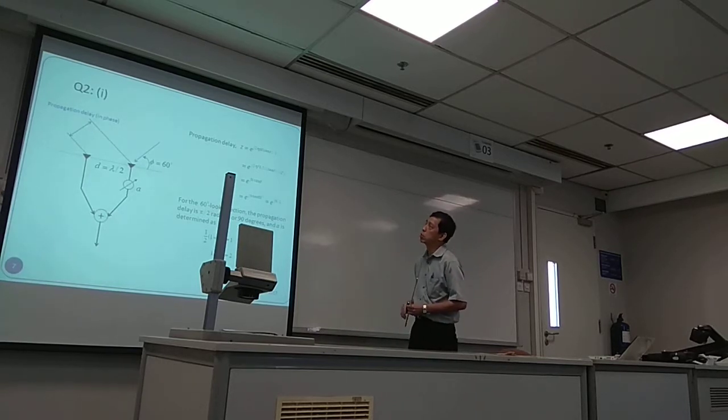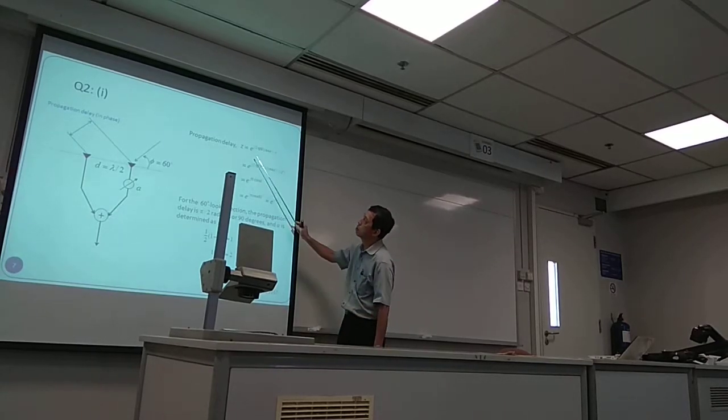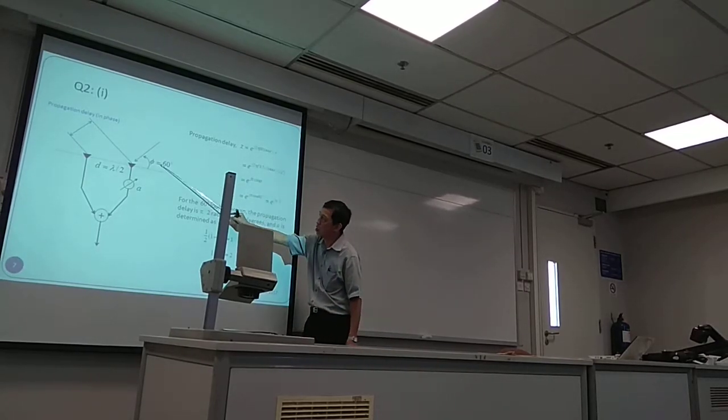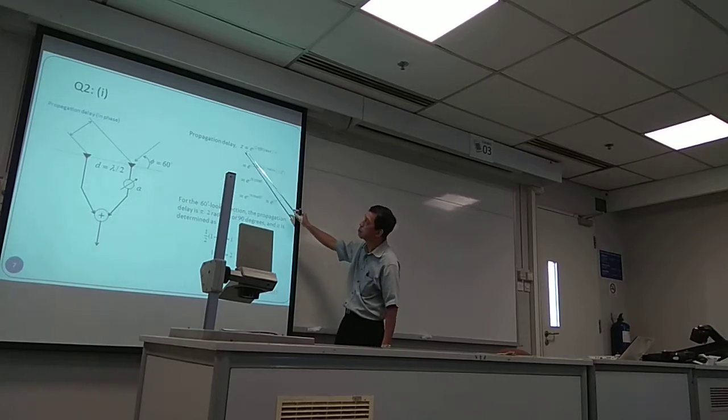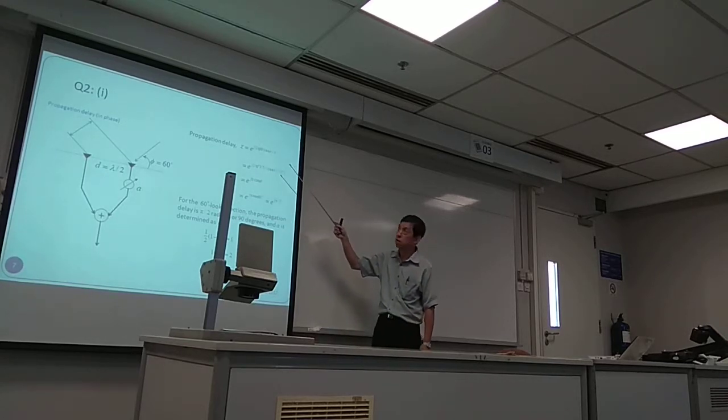Now, to compute the propagation delay or the phase delay, well, we have to know the loop direction, in this case 60 degree. So in your array factor, you have this parameter z, and it's given to be e power j 2 pi f tau. And this is something that we have looked at in our last lecture.